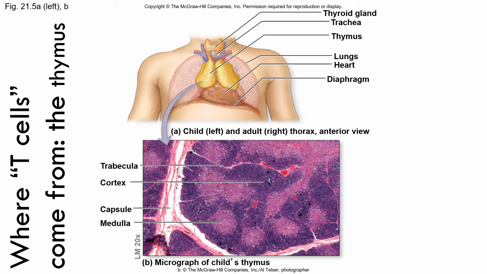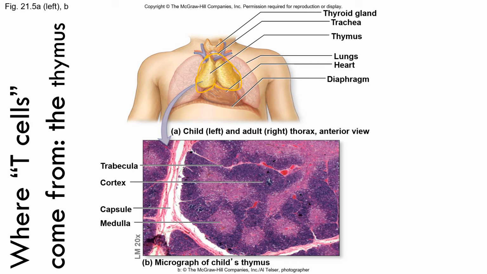Okay. Finally, if you've ever wondered where T cells come from, there's this organ called the thymus. In a child, the thymus covers a large portion of the area anterior and superior to the heart, so it covers most of the atria of the heart. It's a butterfly-shaped organ.